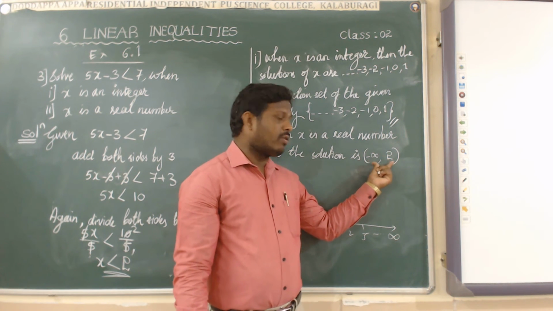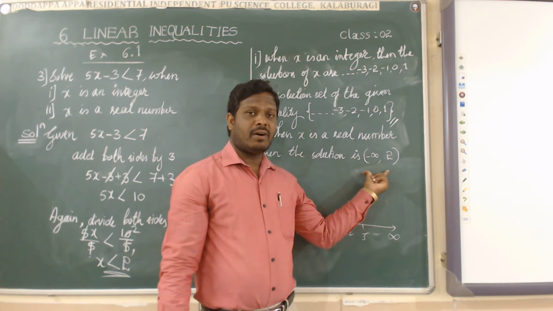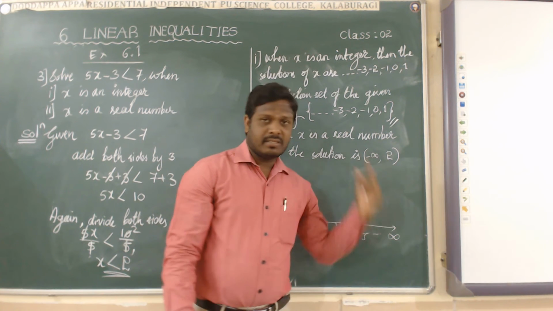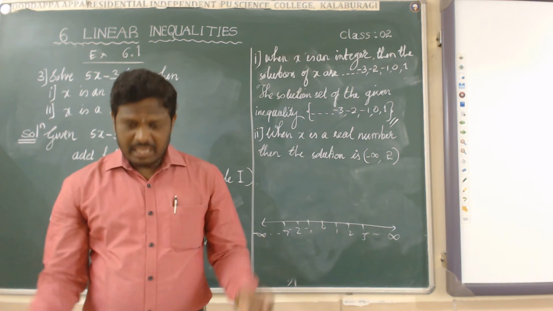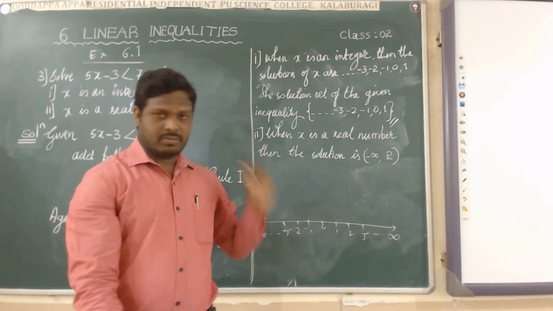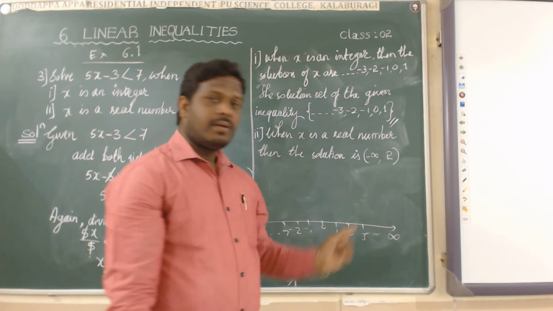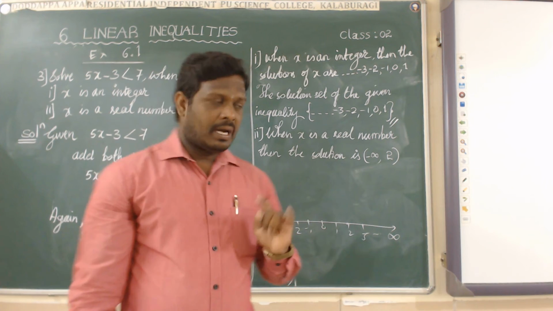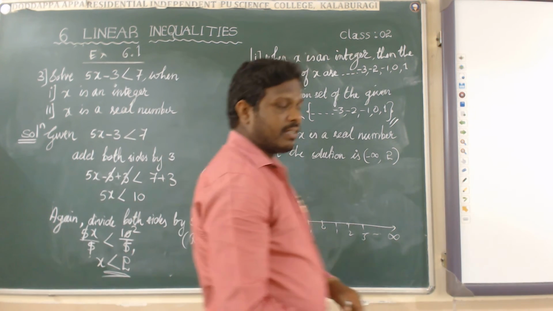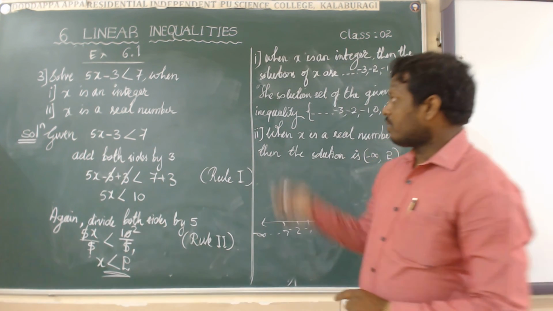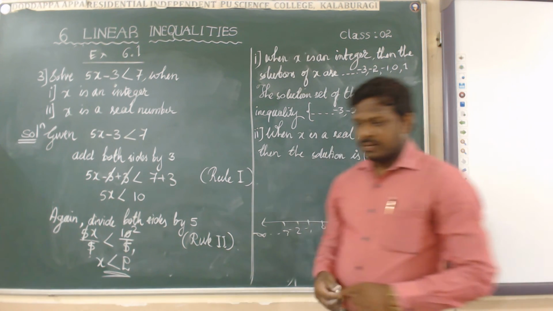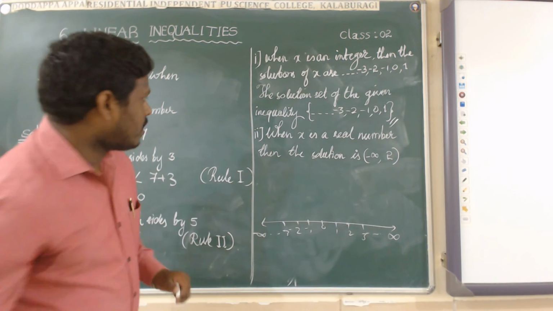This stands for excluding the end value of 2. Getting it? The in-between values will be the x values. This is the way of writing when x is a real number. I hope that all of you understand this without any doubt. Now I am moving to the next one.